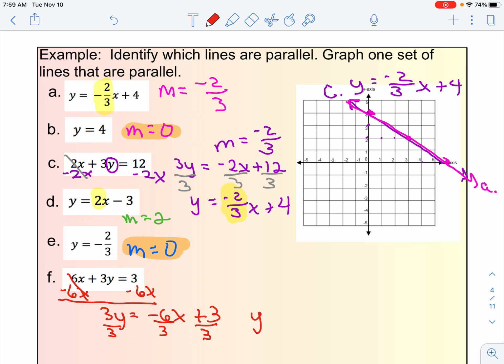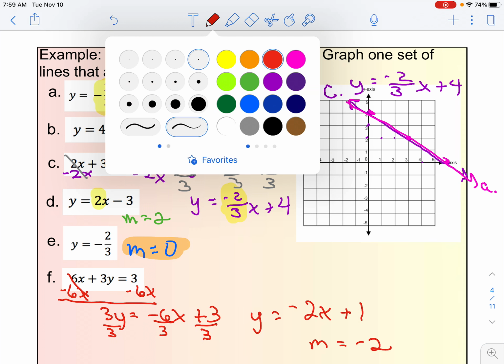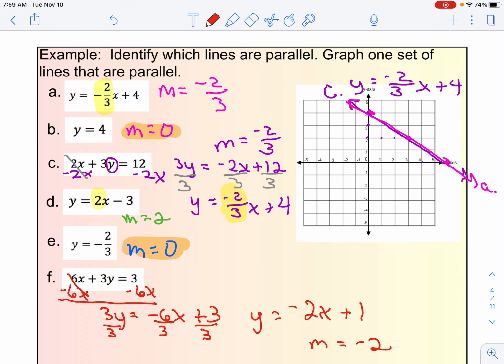Each piece has to be divided by 3, so I get y equals -6/3 is -2x plus 1. So now my slope is -2. So m equals -2. All right.